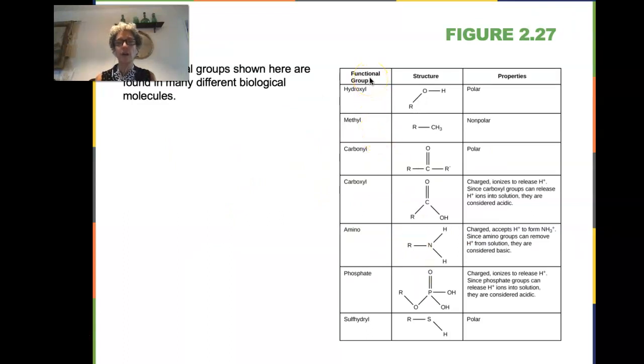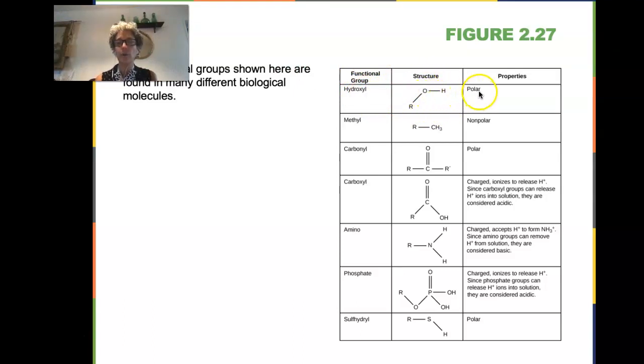Functional groups are an arrangement of atoms that, when you attach them to a larger molecule, are the reactive portion. It's what gives the molecule its function. So the structures are listed here. The R means the rest of the molecule. The hydroxyl has an OH.